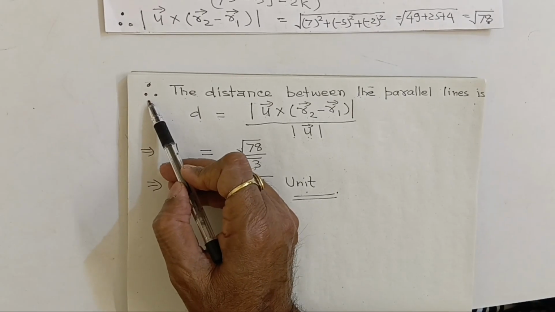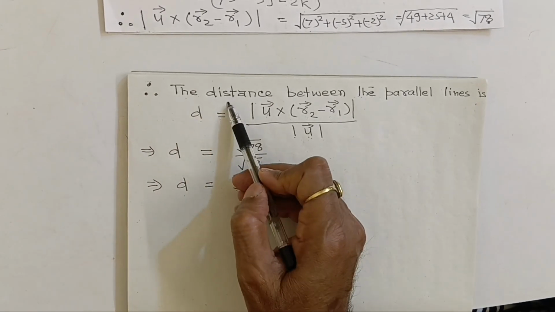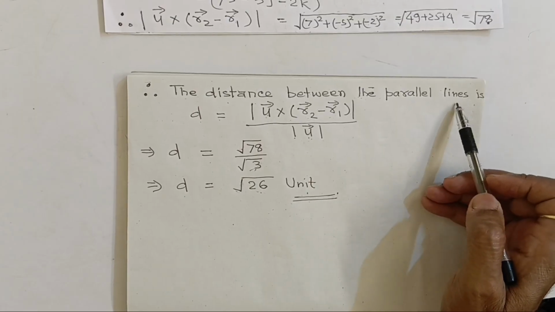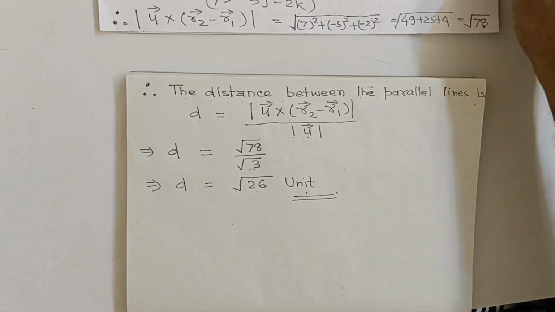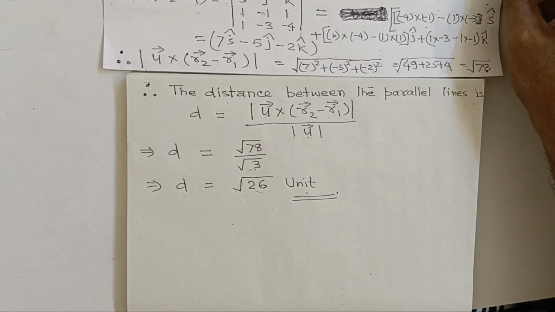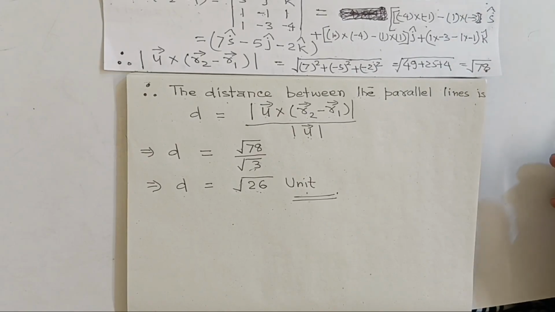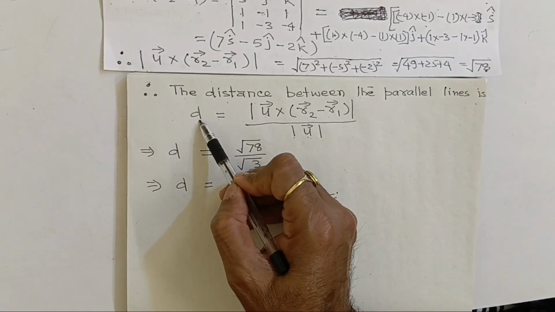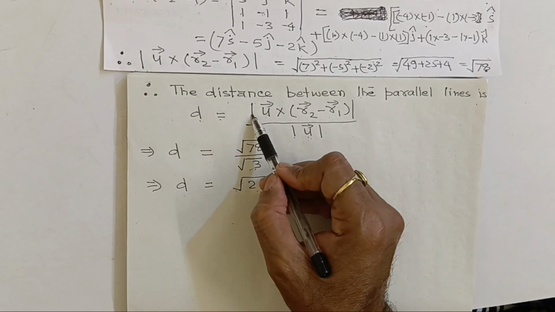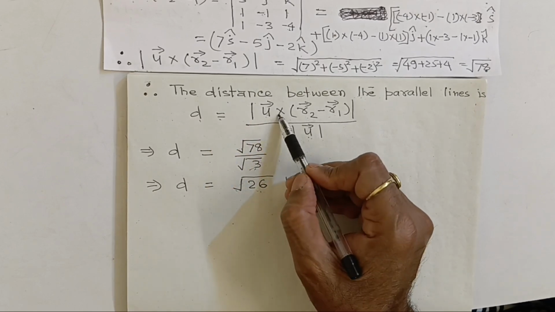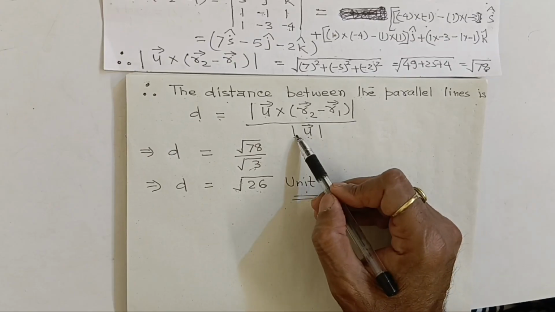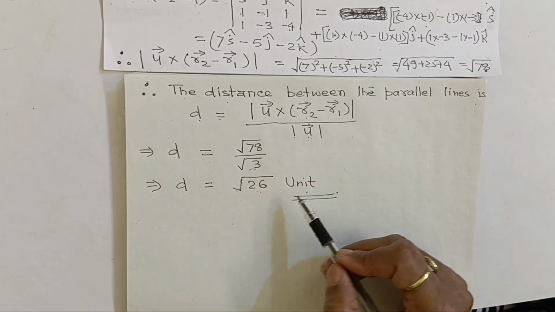Therefore, the distance between the parallel lines is given by the formula d = mod of (vector u cross vector r2 minus r1) divided by mod of vector u.